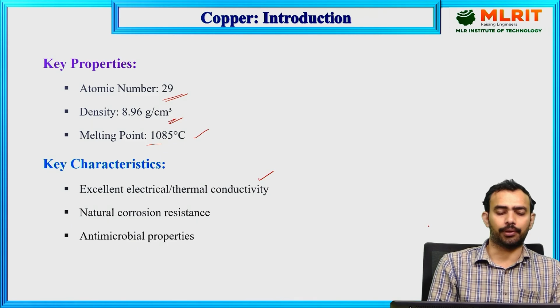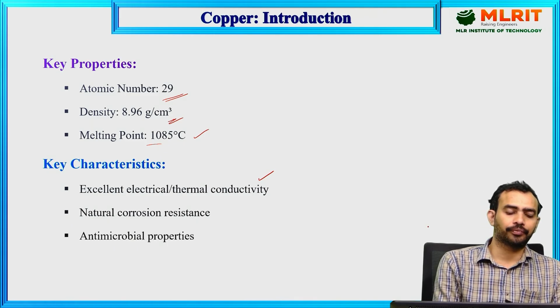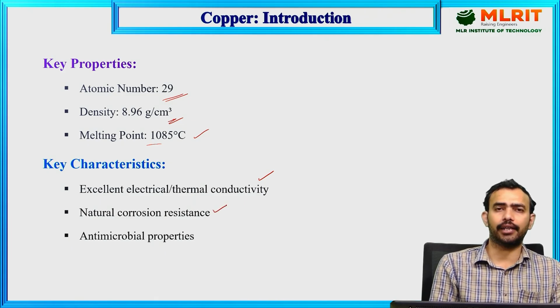We are using copper because of its excellent electrical conductivity. Then it is naturally corrosion resistant. We don't need to add any other alloying element. By nature, it is corrosion resistant. It has excellent corrosion resistance.